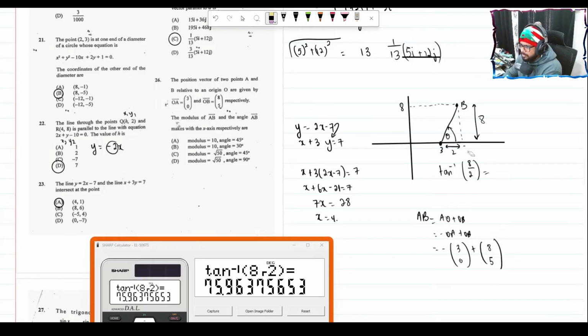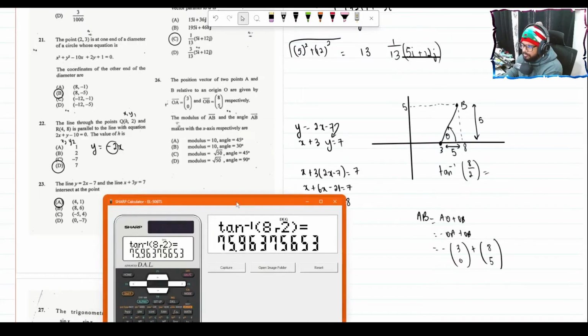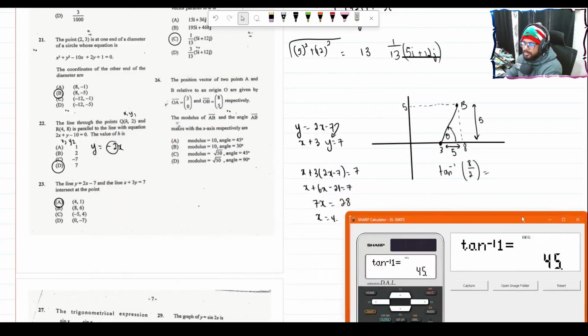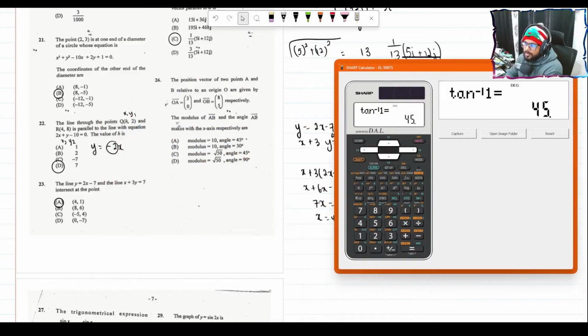There's 8, there's 5. This distance here is 5. So tan inverse of 1. Don't make that mistake, use my mistake as a learning experience. Tan inverse of 1 is 45. So I have no choice but to calculate the modulus of the vector now.